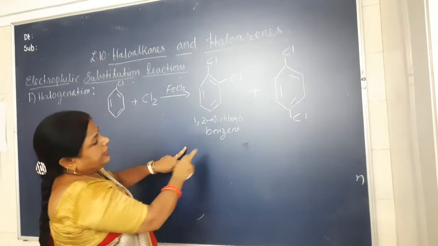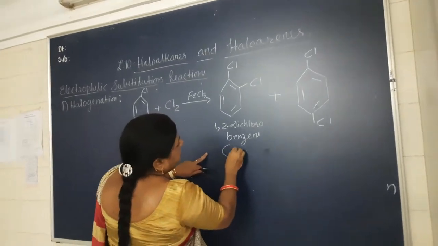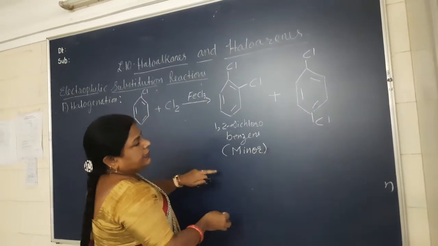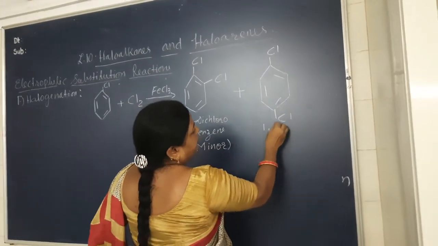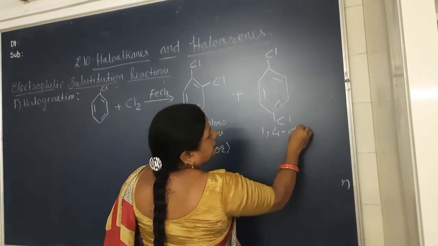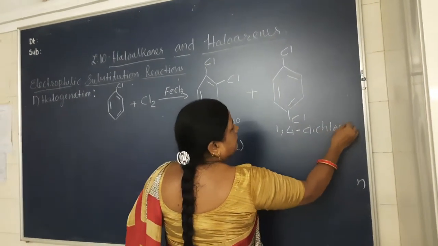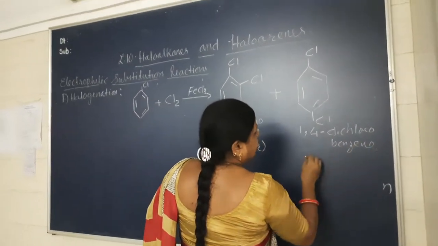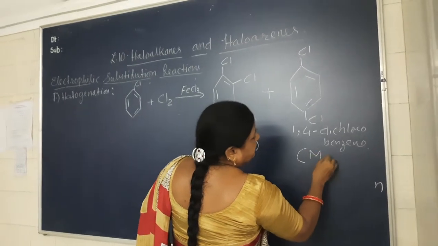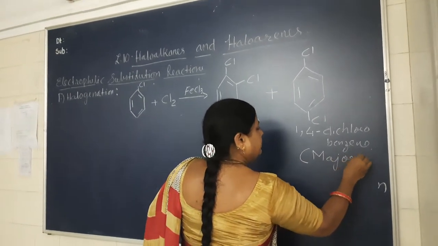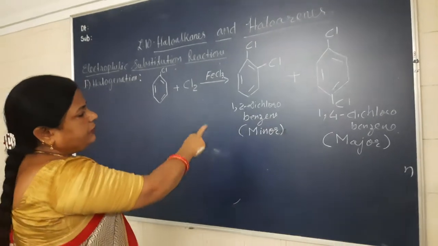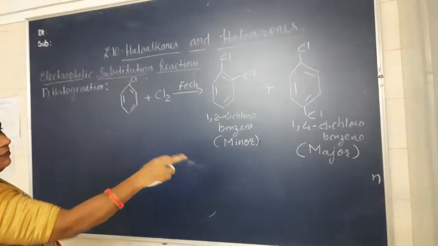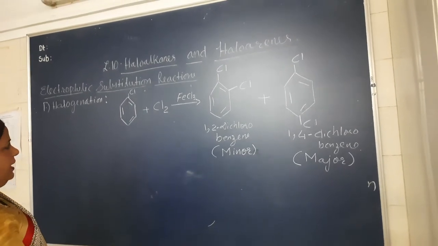So 1,2-dichlorobenzene. This is formed in a smaller amount, so this is the minor product. Right? Here, 1,4-dichlorobenzene, the IUPAC name. Okay. This is formed in a larger amount, so it is known as the major product. Easy. Two products will be formed: 1,2-dichlorobenzene and 1,4-dichlorobenzene. The 1,4 one will be the major, remember, the larger number is the major, to remember.